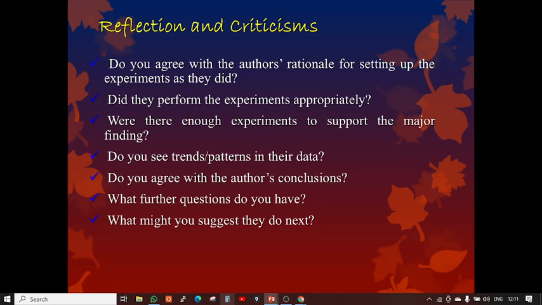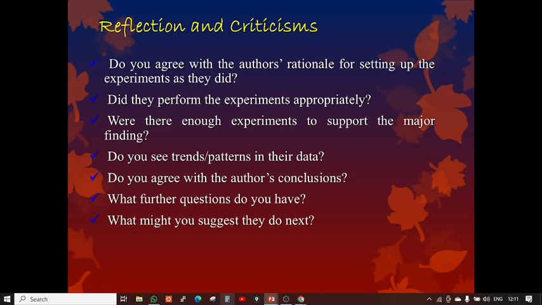Because now you are not writing, you are a reader. As a scientist or researcher, whenever you publish your results, your publications will also be criticized by different scientists or researchers. That's why you should know these things.